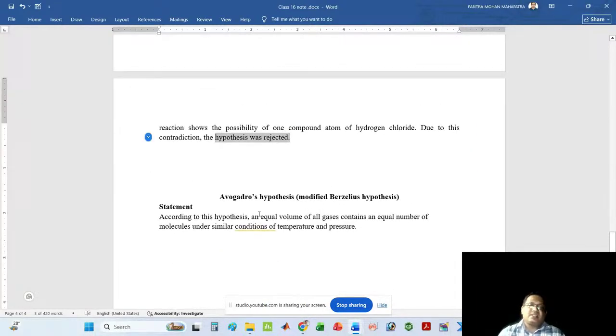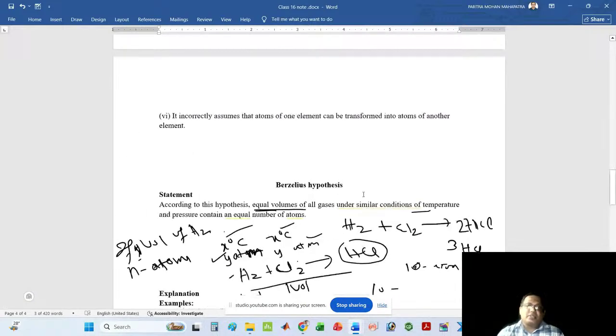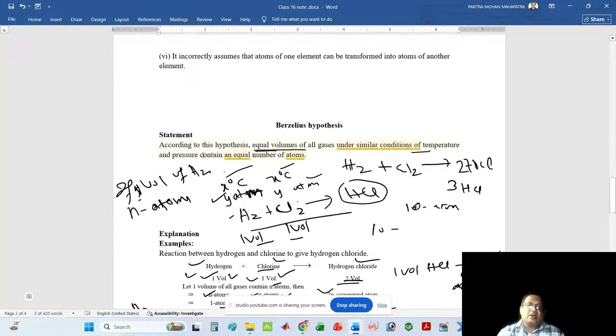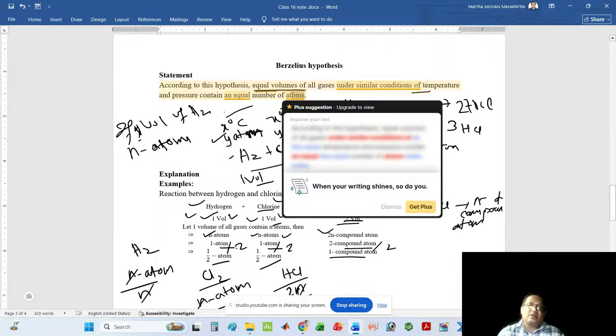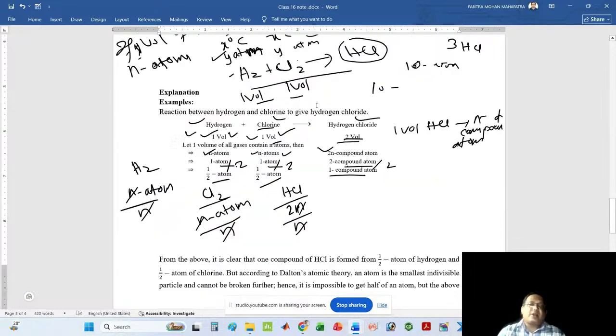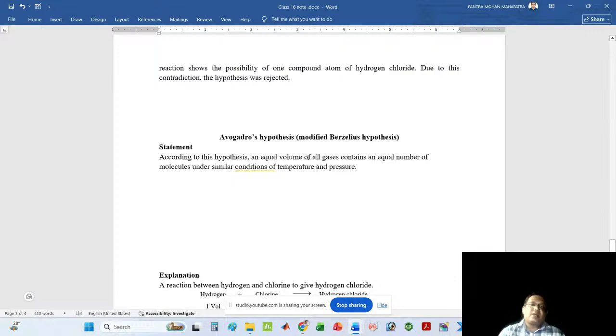Only one difference: in Bernoulli's hypothesis, you think about an equal number of atoms, but in Avogadro's hypothesis there is only a slight change, that is an equal number of molecules. Bernoulli's hypothesis is related to atoms, but Avogadro's hypothesis is related to molecules.